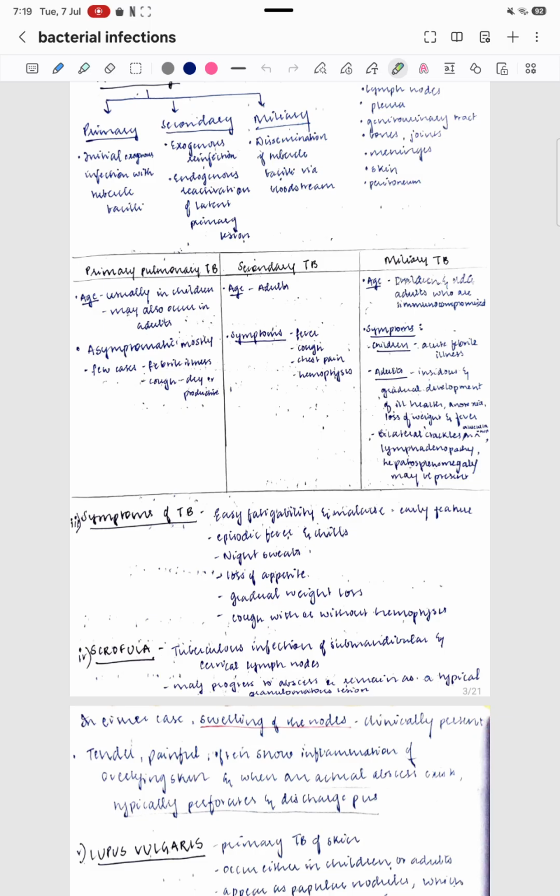Coming to the miliary TB. Miliary TB is usually occurring in children and older adults who are immunocompromised. Symptoms are acute febrile illness in children, and in adults gradual development of illness with anorexia, that is loss of hunger, loss of weight, fever, bilateral crackles, and lymphadenopathy; hepatomegaly may also be present.